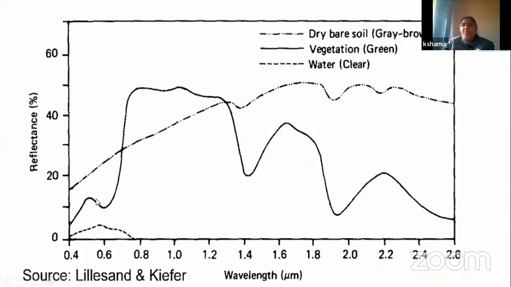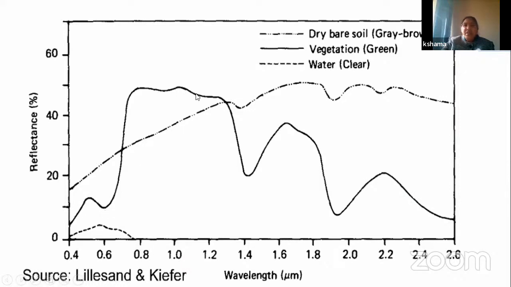But before that, we need to understand one very specific aspect of remote sensing data. This is the signature of water, where I have shown you that water has no reflectance in the near infrared region. That's why water is black in remote sensing images.